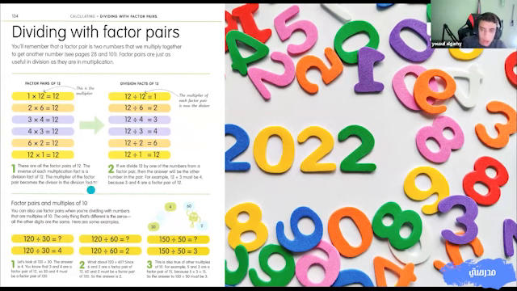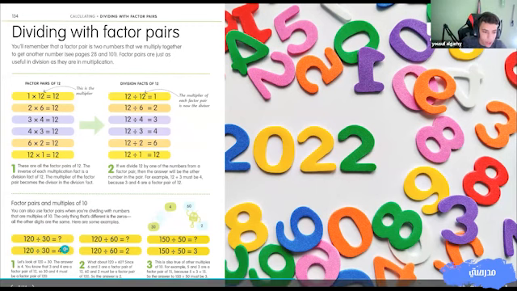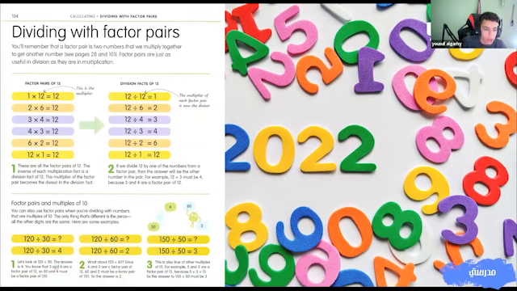Yes, good job. The answer to 120 divided by 30 is 4. So 30 and 4 must be a factor pair of 120. There must be some sort of pair that equals 120.